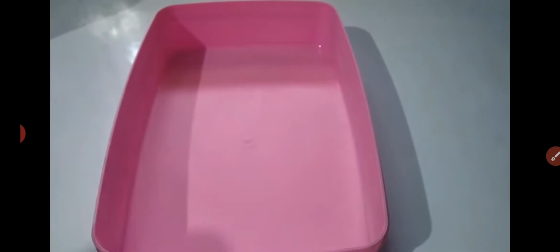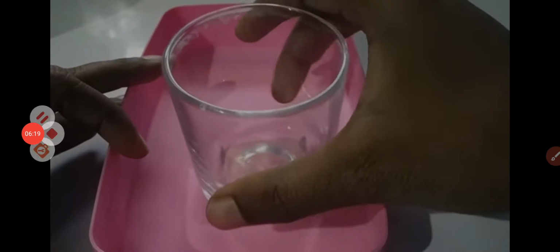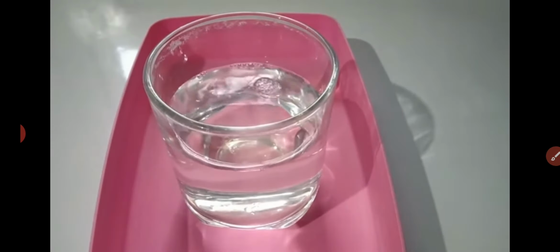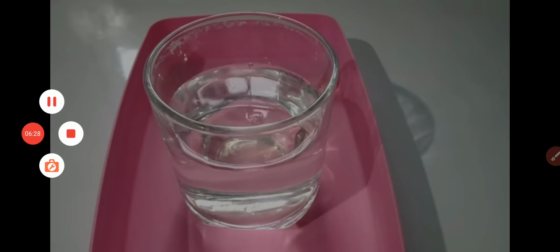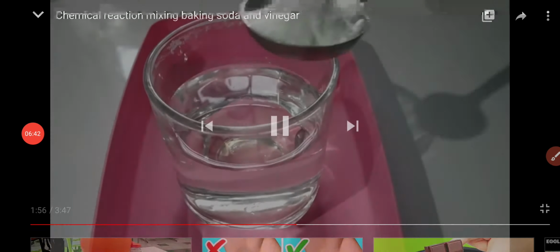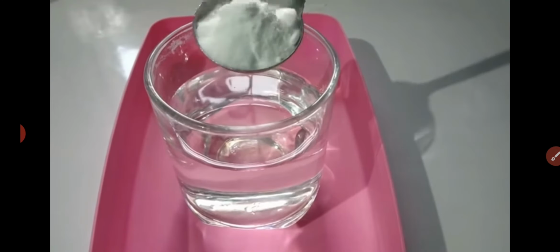In that we are going to pour some amount of vinegar. Now we are going to add some amount of baking soda. So just observe what will happen over here.